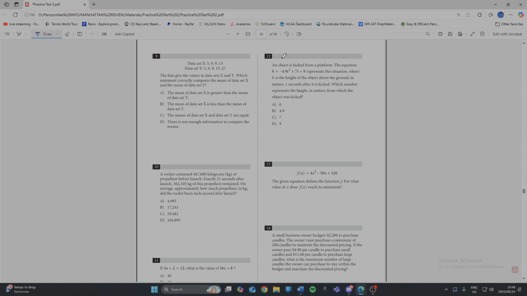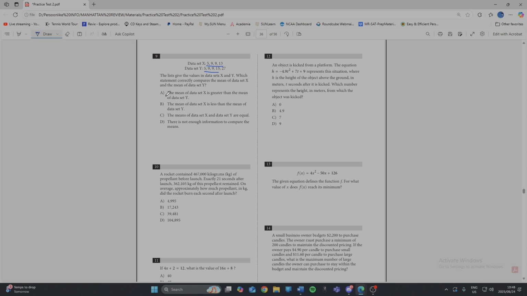As you can see, the first 4 values for X and Y are exactly the same, but Y includes a much larger number, 27, as well. Because of this, the average for Y would be much higher than X, just because of that big outlying value that is larger than all the other values in the set. So you know that the mean of Y is larger than X.